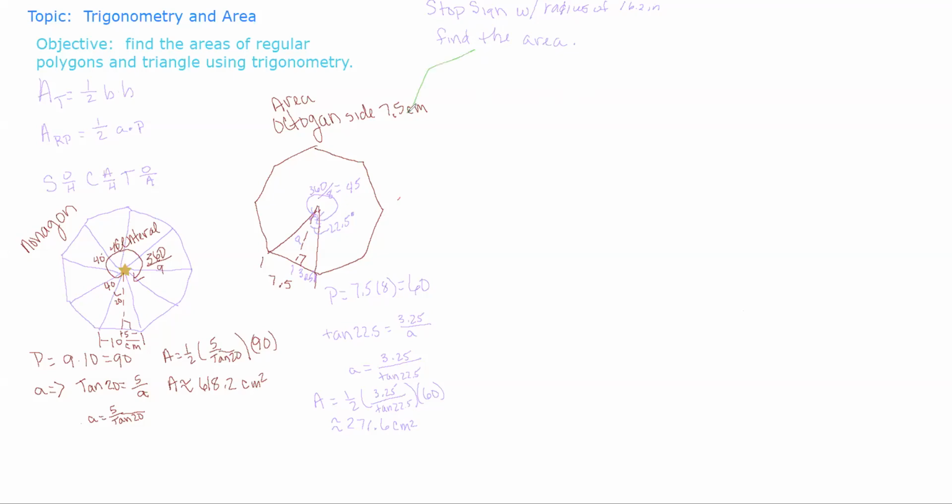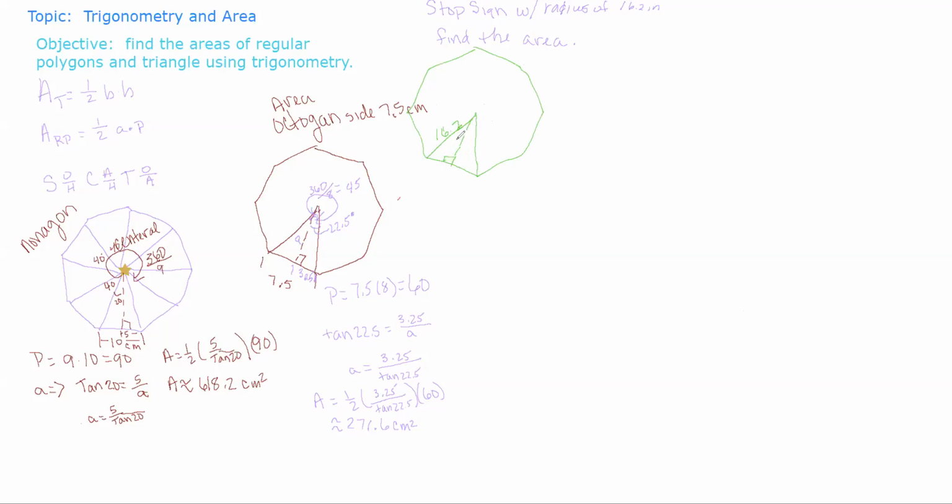Here's my octagon. I'm going to draw in my radii and my apothem, because I know I need that to find the area of a regular polygon. And I know that the radius is 16.2. So this is 16.2. And I need to find the area of the whole thing.